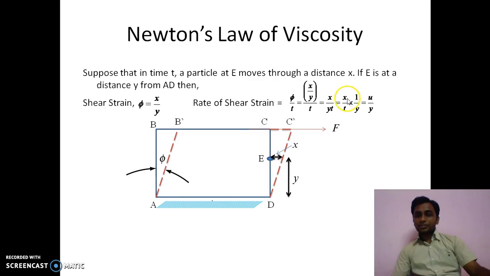So x is the distance covered by this particle at location E, and t is the time taken to cover this distance x. Distance upon time gives you velocity. So x upon t is velocity u of the particle at location E, divided by y. Y is nothing but the distance from this plane AD.